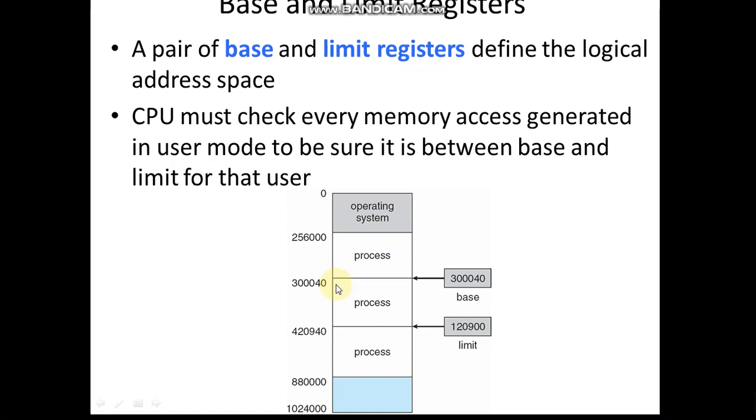So this process can access only these addresses, not beyond this. The beginning is indicated by the base, and the limit tells how many bytes of memory it can access. You can observe the limit value is 120900. If we add it to the base value, we get 420940.